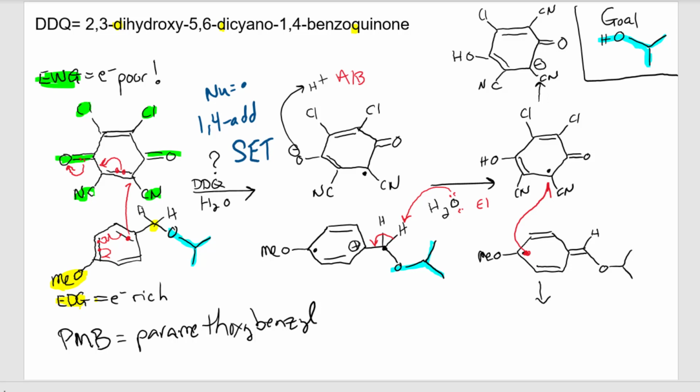It's stabilized by all the electron withdrawing groups, so totally fine. My PMB system, carbocation, totally fine. It's stabilized by the electron donating group, the methoxy group. This is working out great.